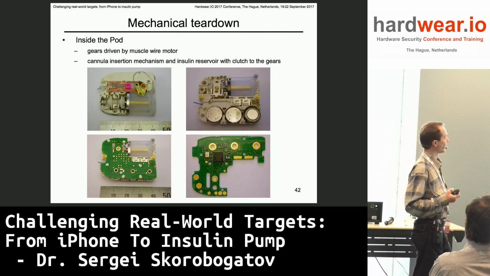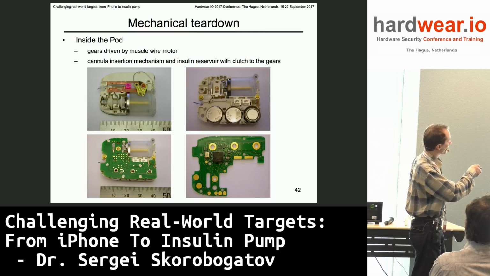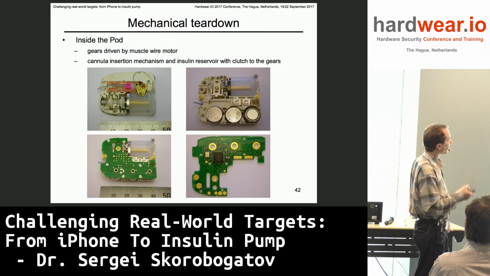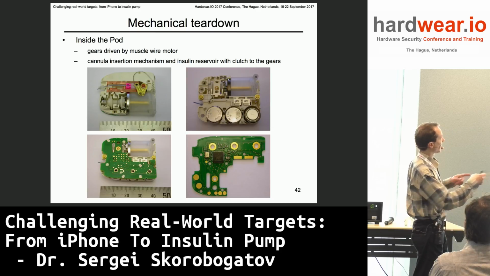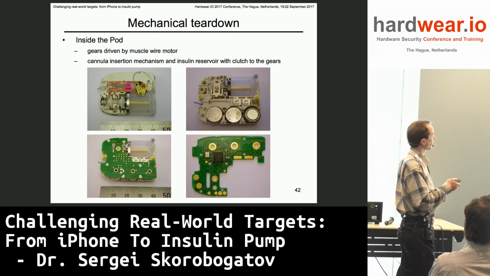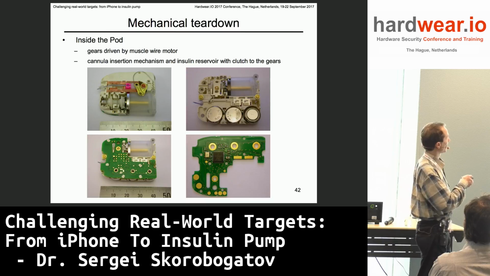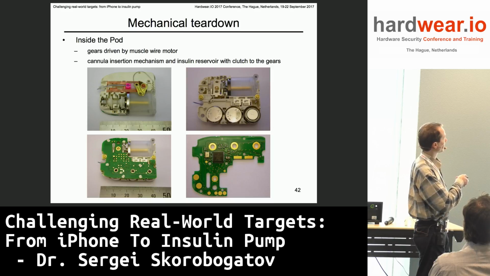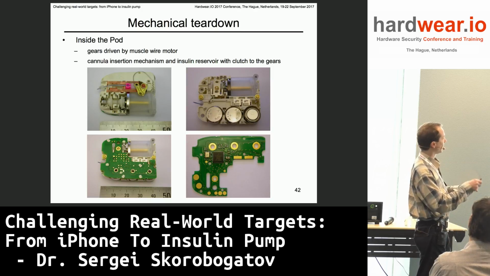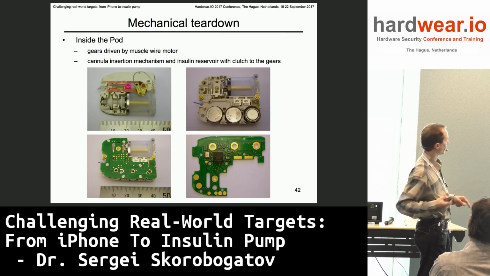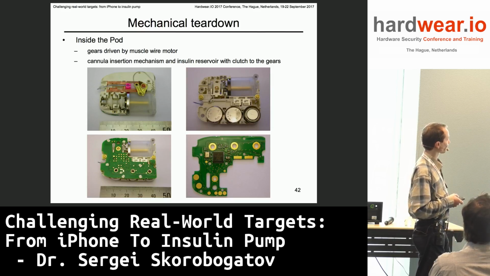So it pulls the lever, the anchor inside the device, and that way they turn the gears, and those gears are connected to the mechanism that inserts the cannula inside the skin. They have a pretty strong spring that pushes the needle forward with the cannula, and then after insertion into the skin, the needle is retracted back.